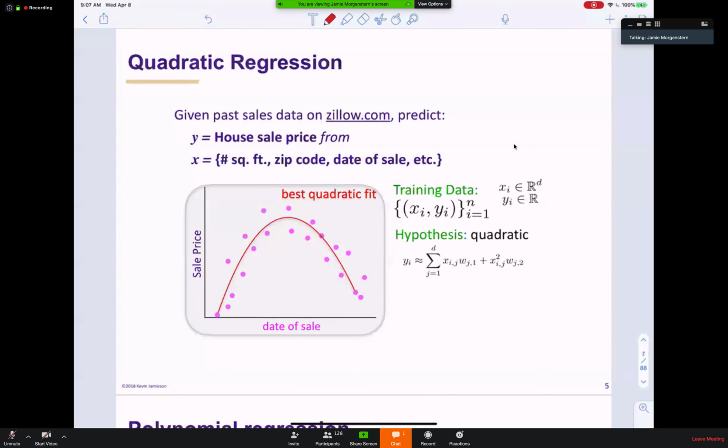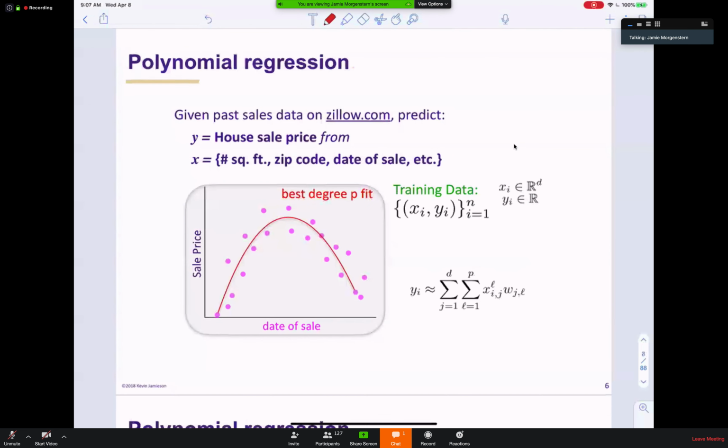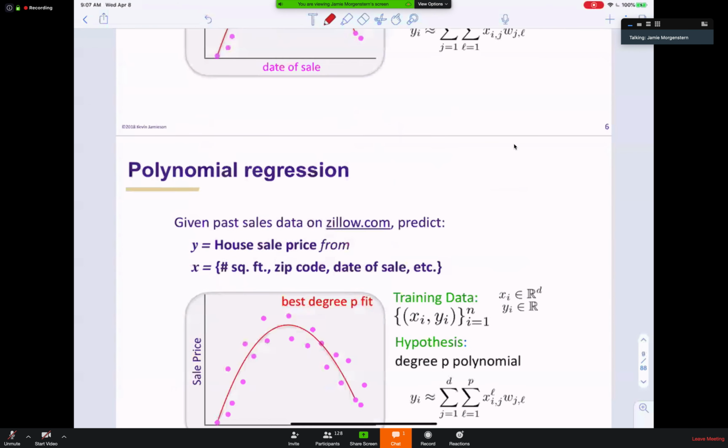Okay. So in that world, we're deciding that our hypothesis, our model, can do a reasonably good job predicting sale price from the date of sale using a quadratic function.